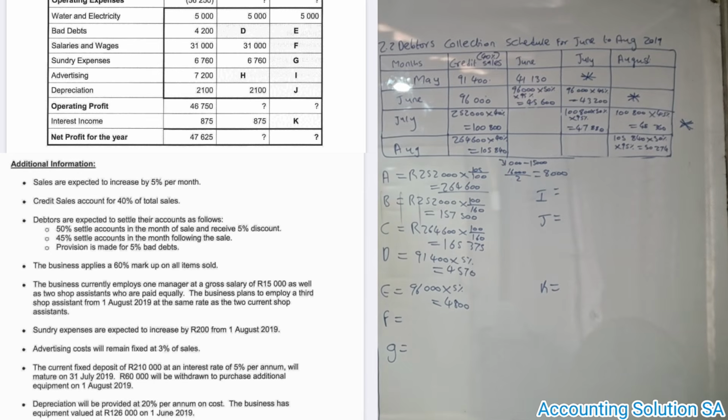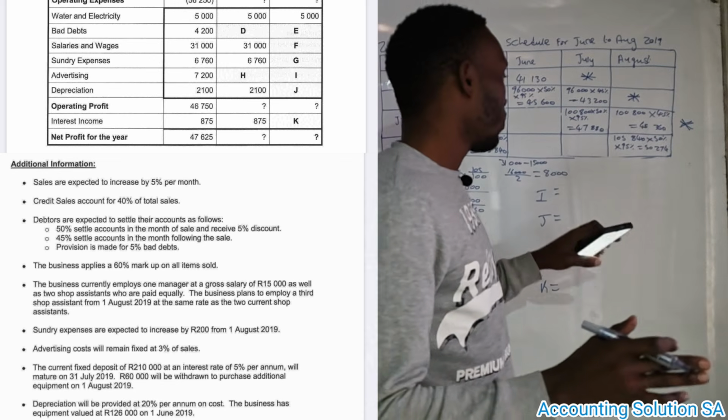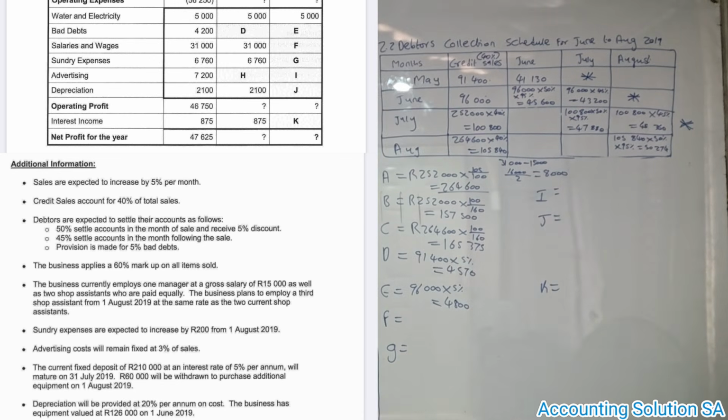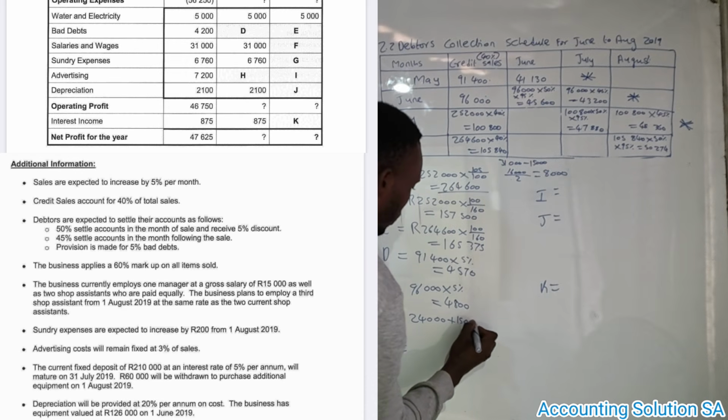Now what do we do? Remember, now there are going to be 3, which means that we have to say 8,000 multiplied by 3, which is going to give us 24,000. 24,000 plus for the manager 15,000.